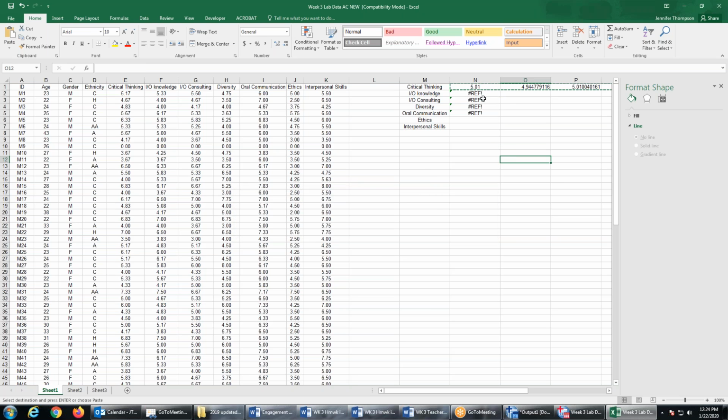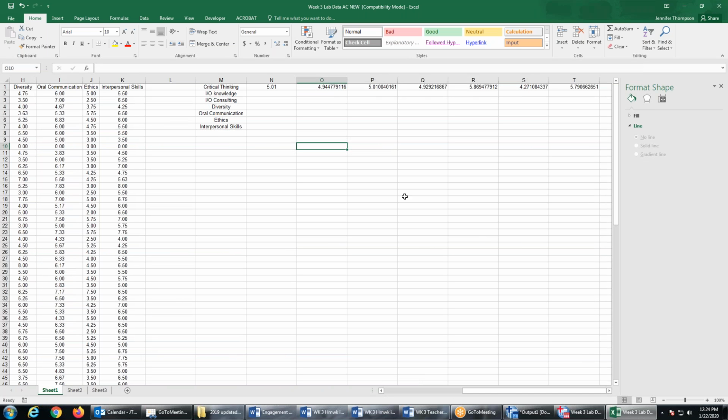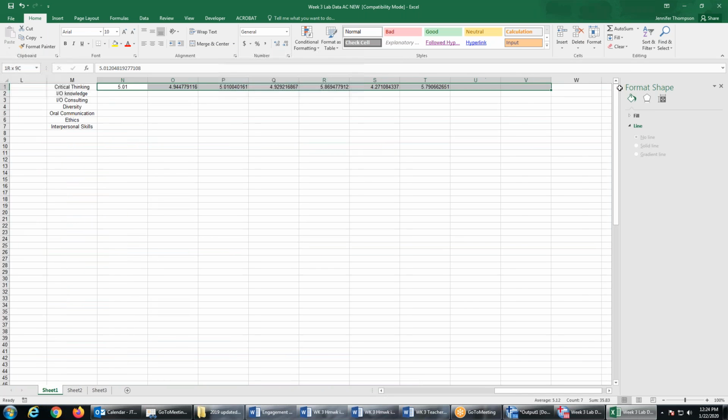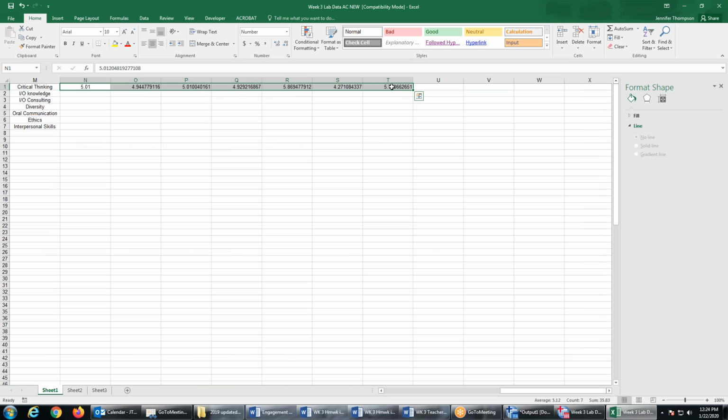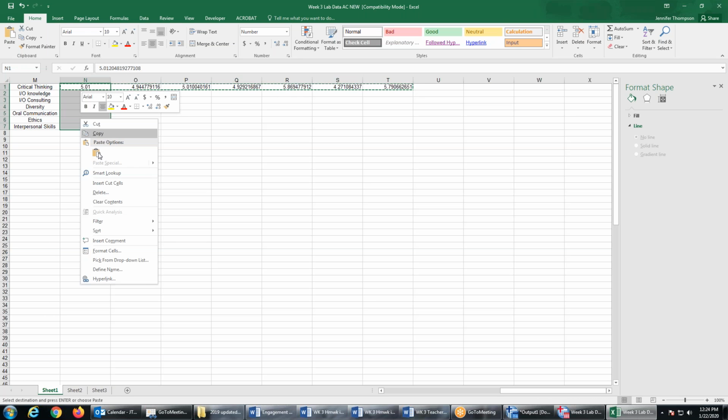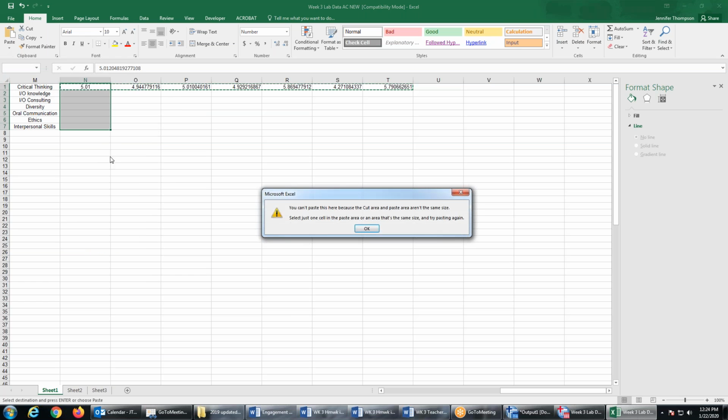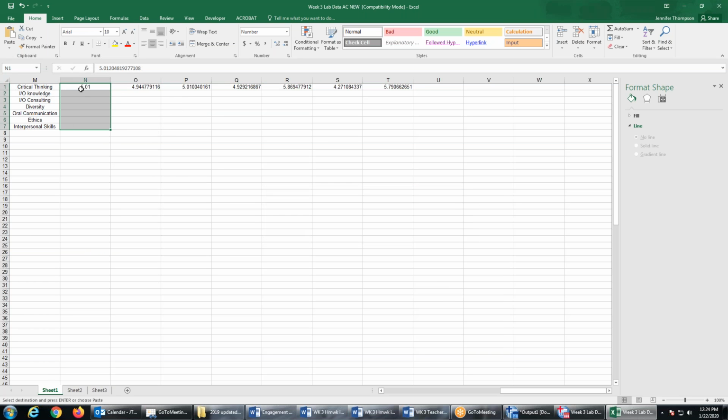I don't know what's doing that. I think as I cut instead of copied, it's not. Let me try it again.